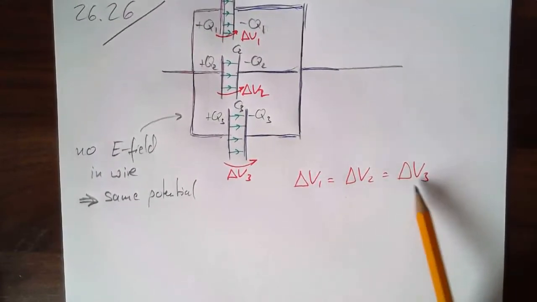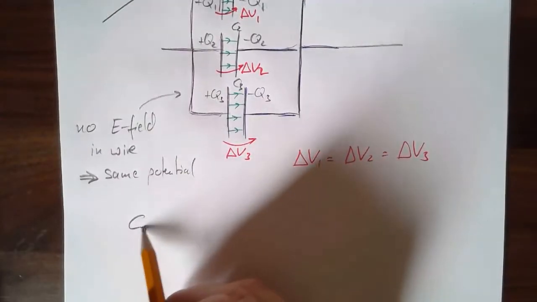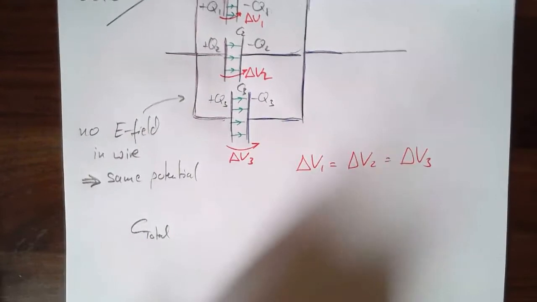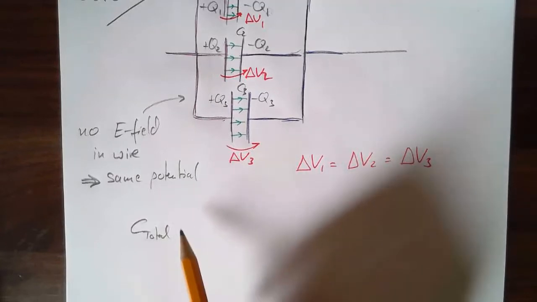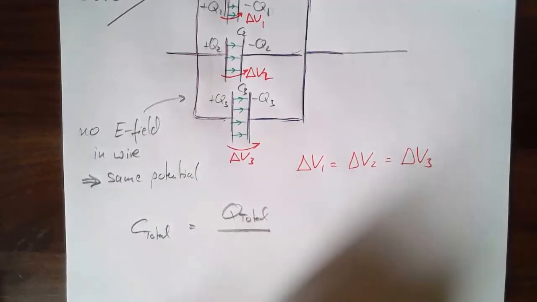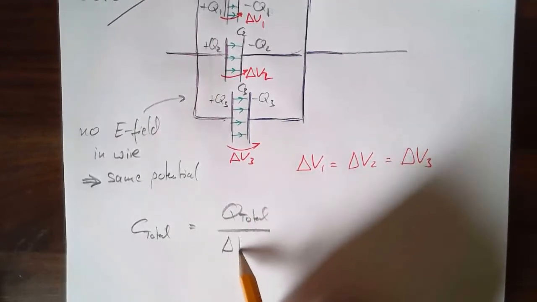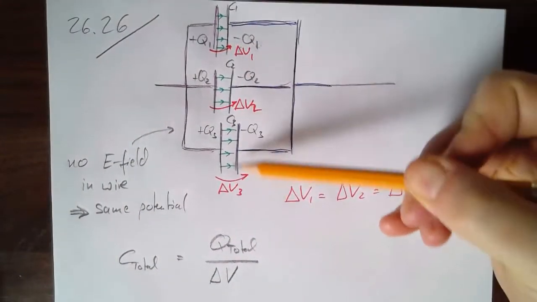So I know that those ones are the same, and again, I want to find the total capacitance. Capacitance is going to be the total charge held divided by the potential difference. The potential difference here is just any one of them.